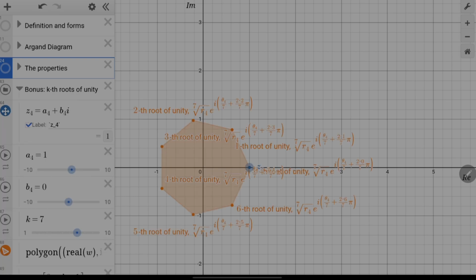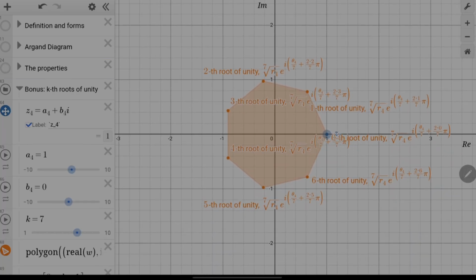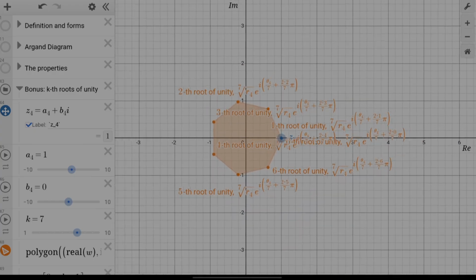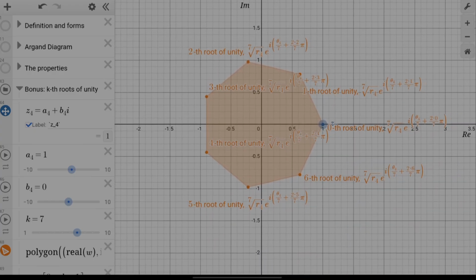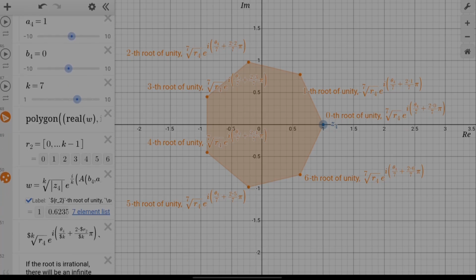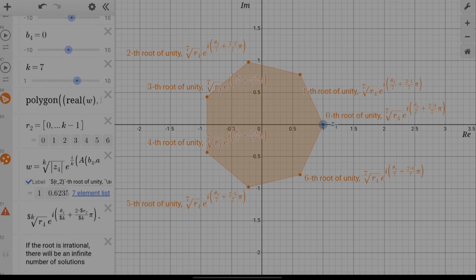And in the end, I would like to talk to you about the roots of unity. So, as you may have remembered when we wrote the properties of the argument, in particular, z to the power of n, then the plus 2 pi k part of the argument also gets multiplied.